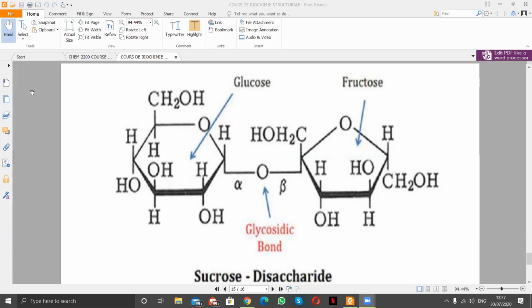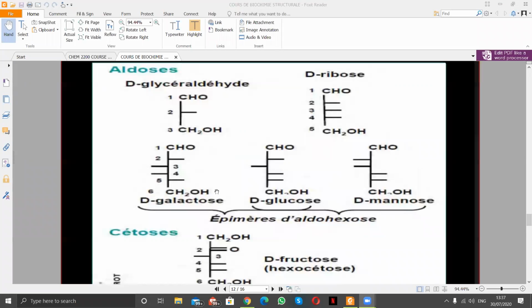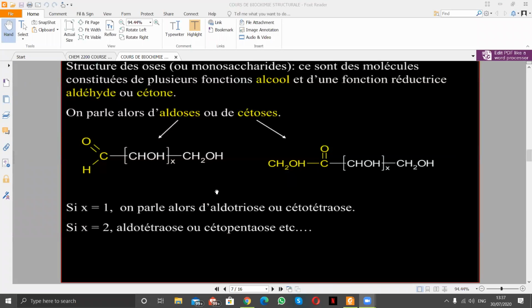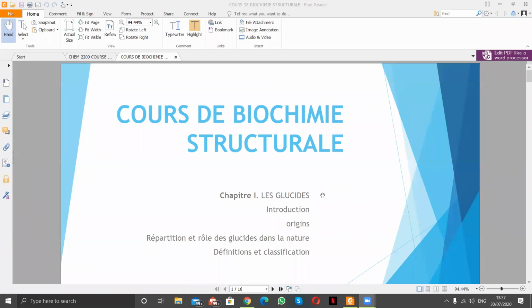From so far what we have looked at, are there any questions? I've got a question. Yeah, can you kindly go and repeat how to identify the D and L, and also how to differentiate the carbon?